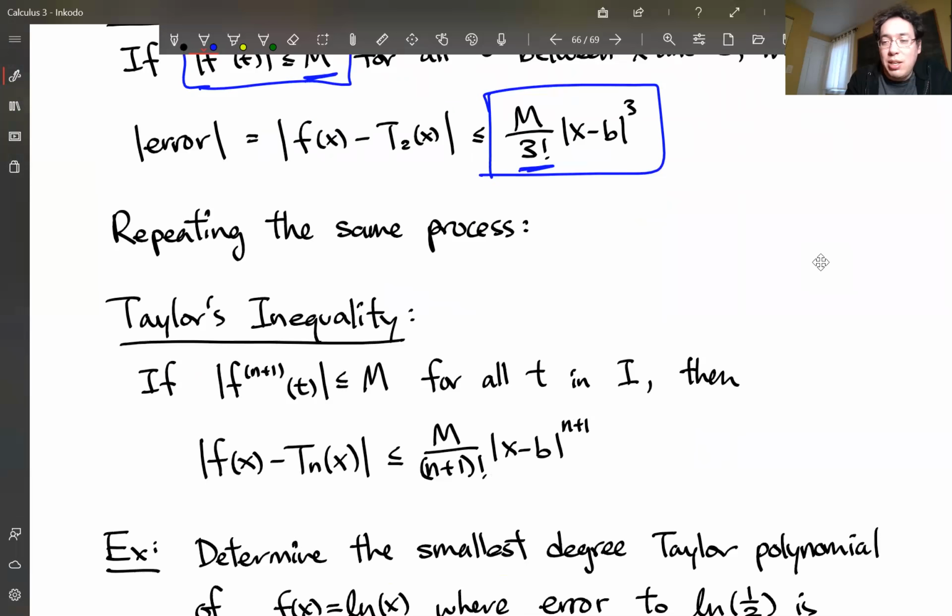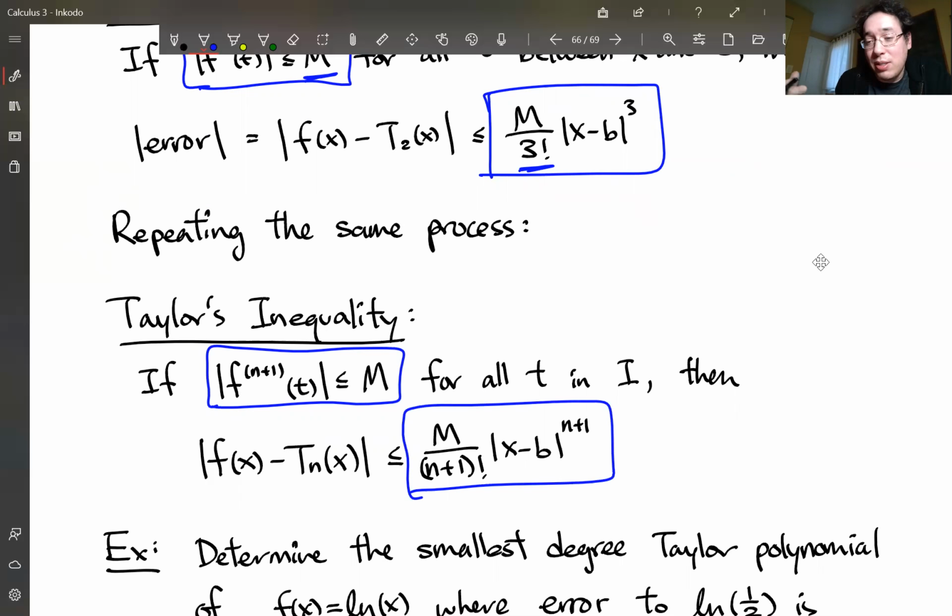So if you do the approximation up to the nth derivative, then the error for that Taylor polynomial is going to be, you first estimate the next derivative, so the n plus first derivative, by a constant, and the error is going to look like this: that constant divided by n plus 1 factorial, times x minus b to the n plus 1 power.